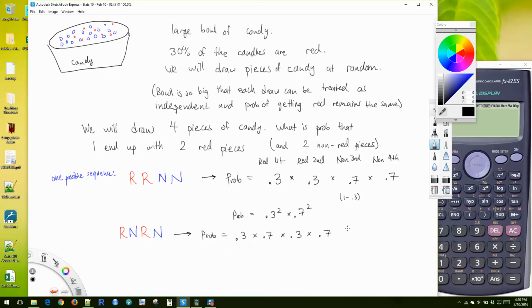If I combine the like terms, this probability ends up being 0.3 squared times 0.7 squared. So red, red, non-red, non-red has the same probability as red, non-red, red, non-red. And then I can come up with other sequences. What are the other possible ones? I think I'm doing this correctly.